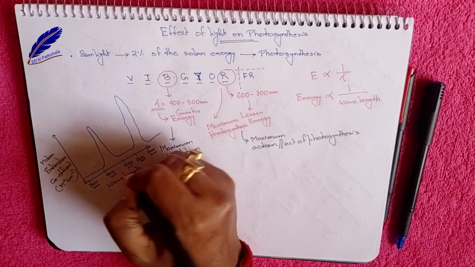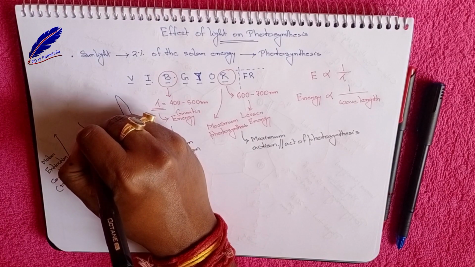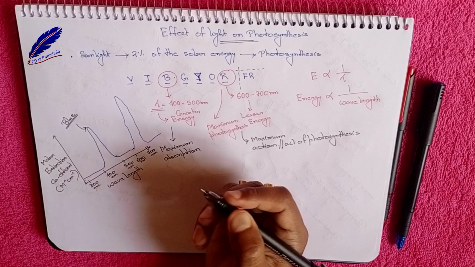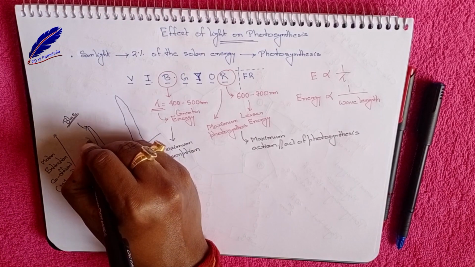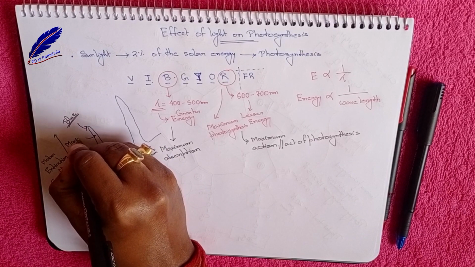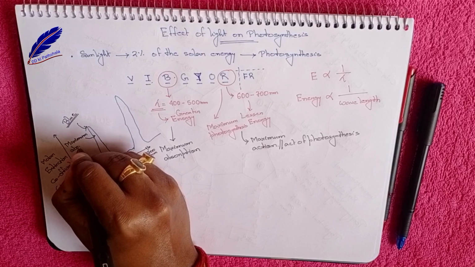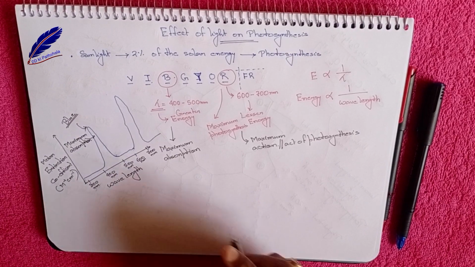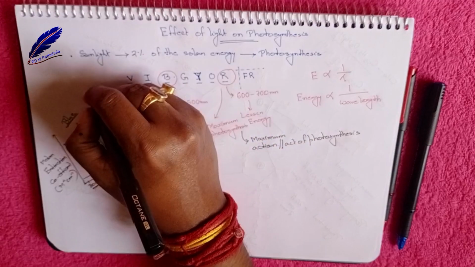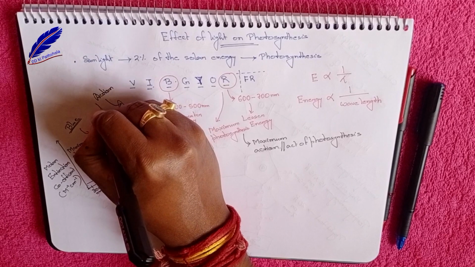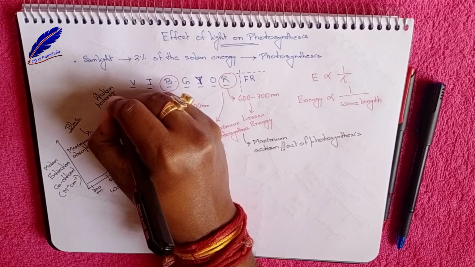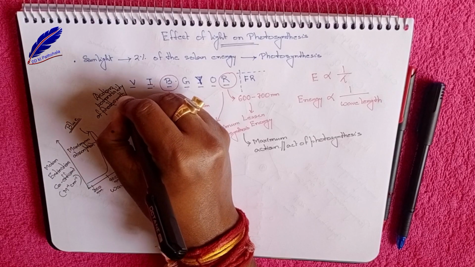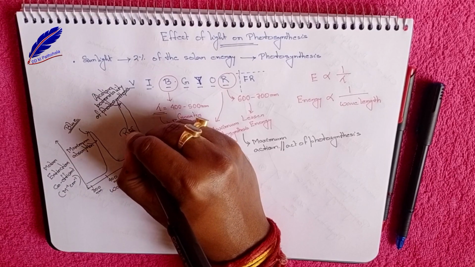The peak appearing between 400 and 500 nanometer is for the effect of blue light, because in the blue light zone maximum absorption takes place, while the action potentiality of photosynthesis occurs in the red light zone.